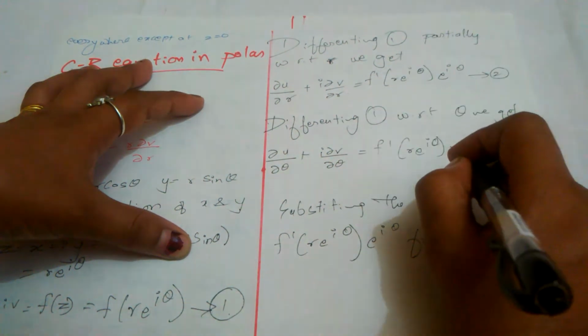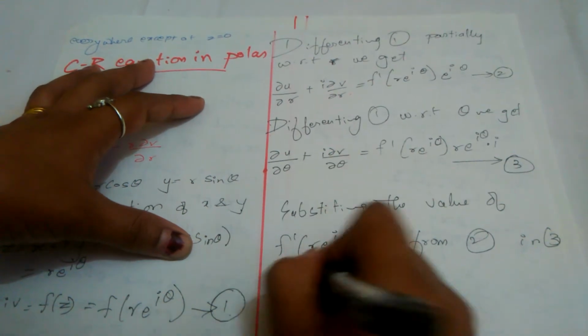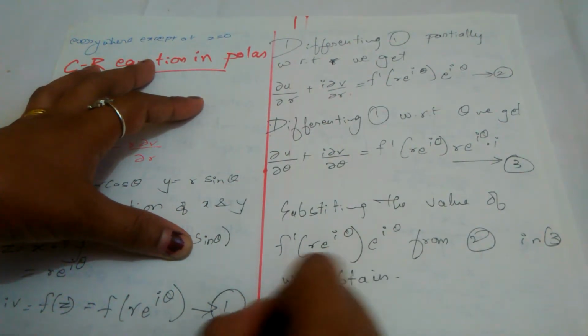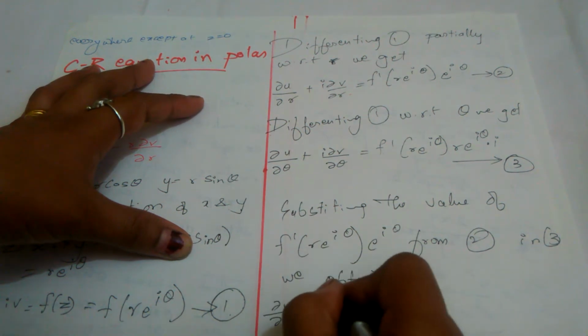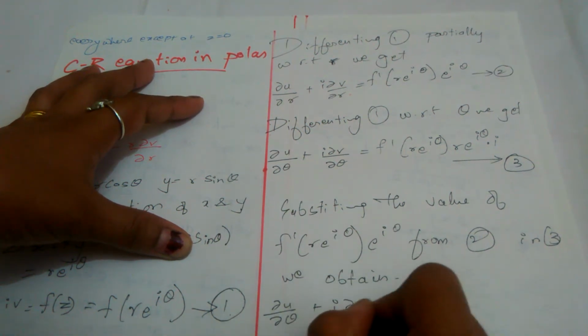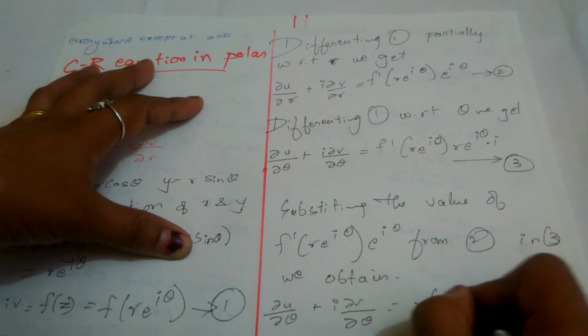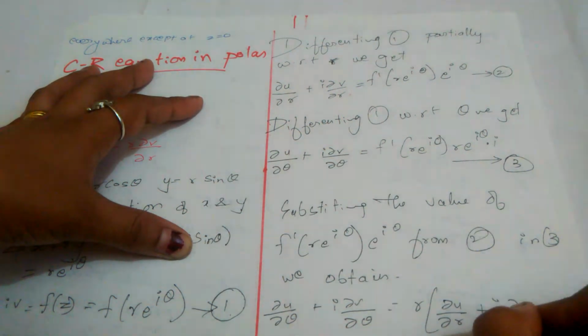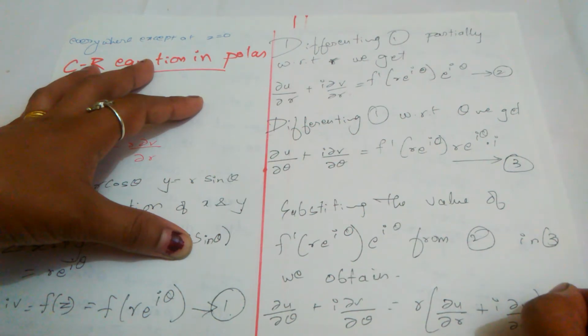I will write this value down here. What we obtain is delta u upon delta theta plus i delta v upon delta theta, which is equal to r times delta u upon delta r plus i delta v upon delta r, into i.